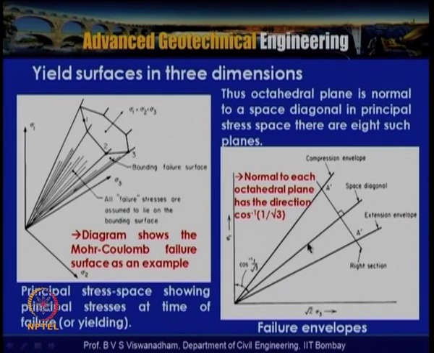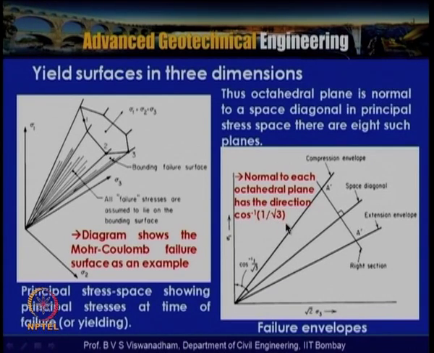This is the space diagonal along which sigma 1 is equal to sigma 2 is equal to sigma 3, and the plane perpendicular to it is the octahedral plane. The normal to each octahedral plane, the space diagonal, is inclined with direction cos inverse 1 by root 3.